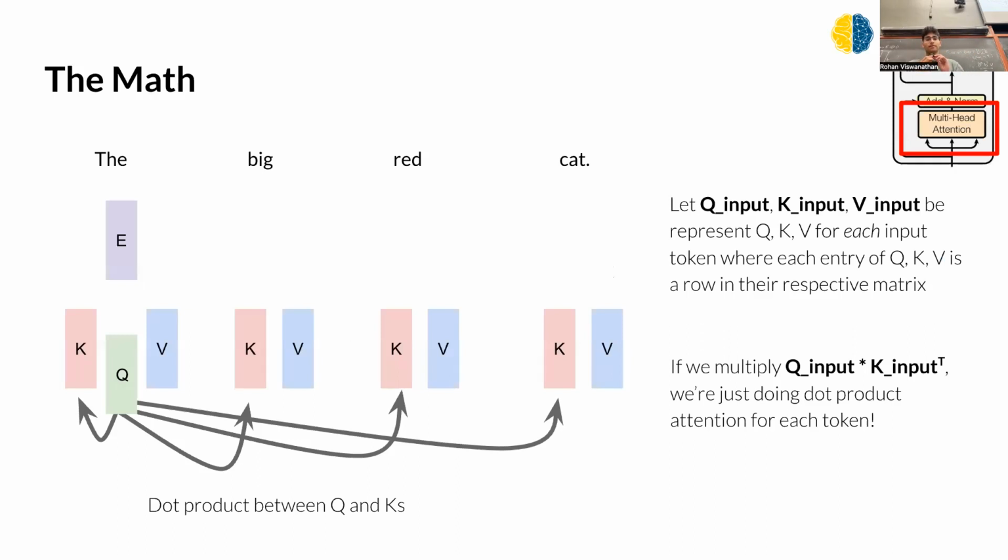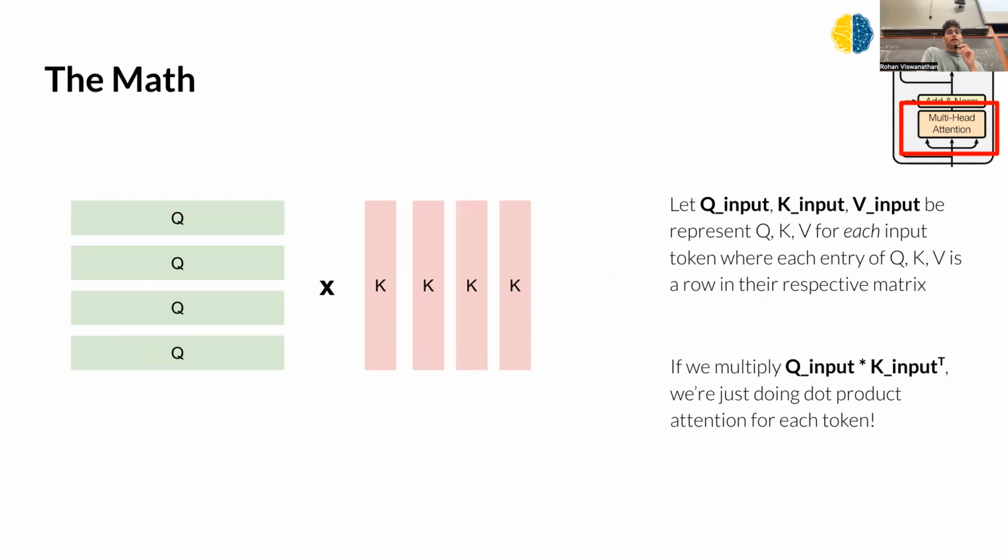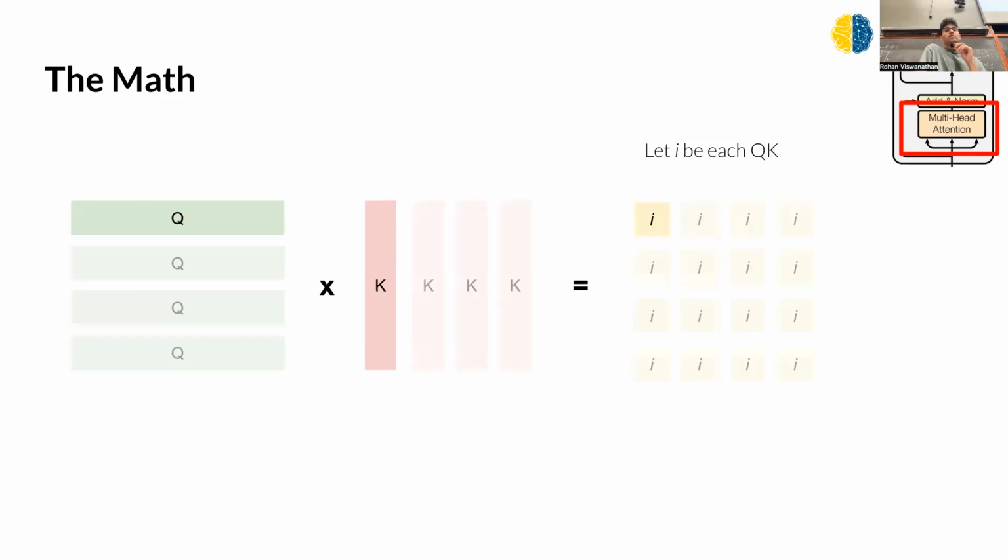Now, going into the math. We know that we're multiplying our query matrix with each key of every other token in our sentence. We have Q input, K input, V input, which is the QKV for each input, and we're multiplying simply the dot product for each token. This process is simply a matrix multiplication. We result in a matrix where each entry is each Q and K dot product, right?